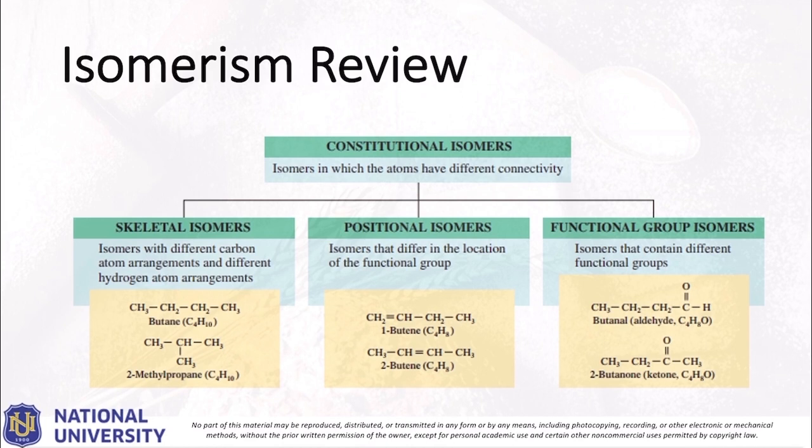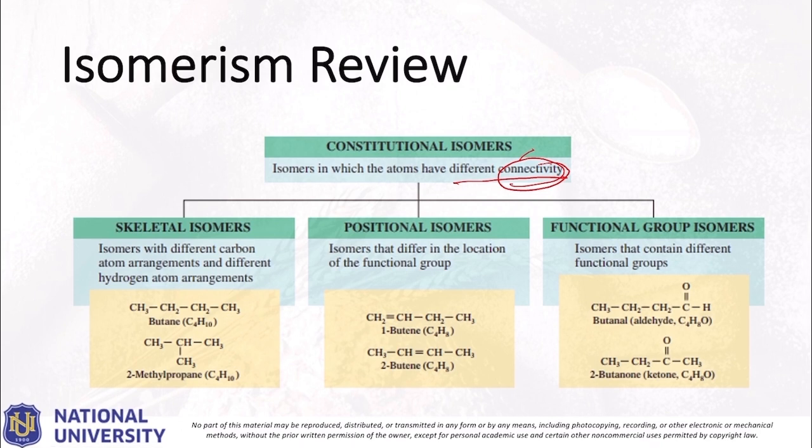And we have 2 main forms of isomers. First, the constitutional isomers. These are isomers in which the atoms have different connectivity, different connection, differing in bonding. And the other one is stereoisomers.